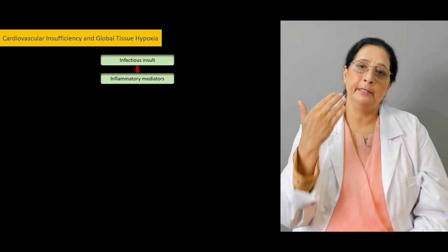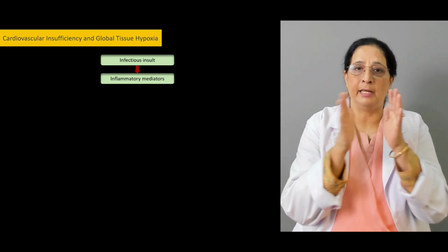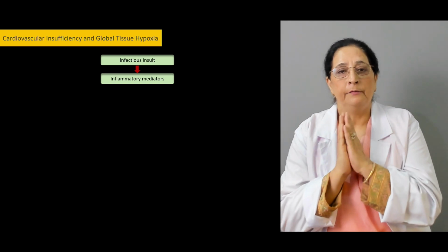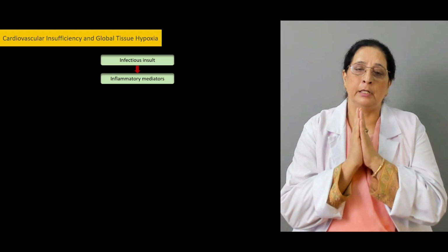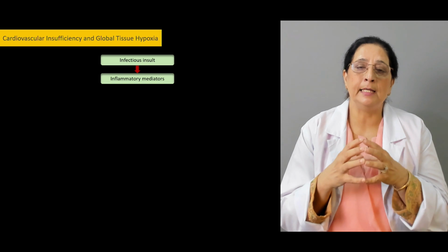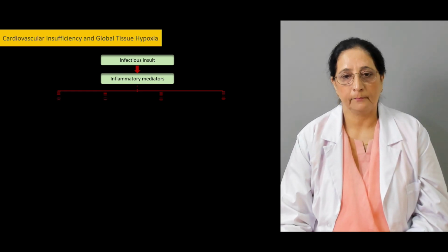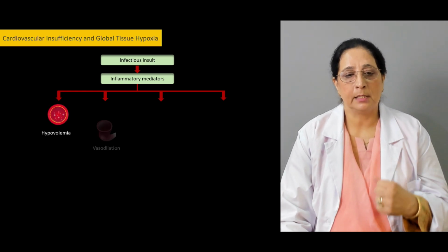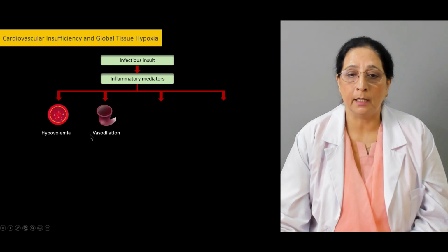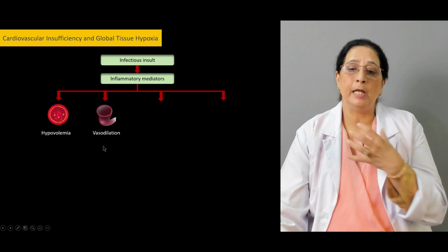So after the infection, inflammatory mediators, I mentioned we have macrophages, we have neutrophils that try to fight that infection by ingesting the microorganisms. And this can cause hypovolemia, decreased volume, and vasodilatation.